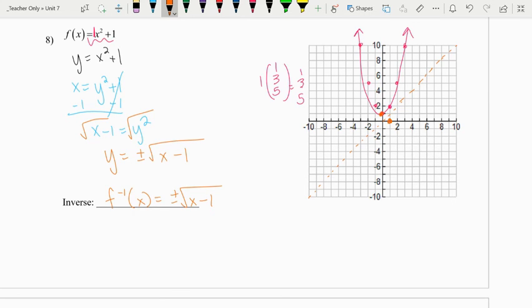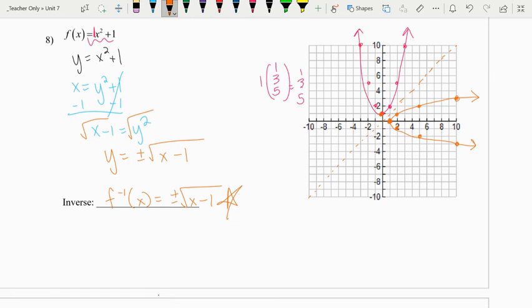Okay, and then we move our 1, 3, 5 just in the opposite way. So up 1 over 1, up 1 over 3, up 1 over 5. And the same thing on the opposite side. Okay, so you have options. Again, you can plug this into your calculator and use your table of values.